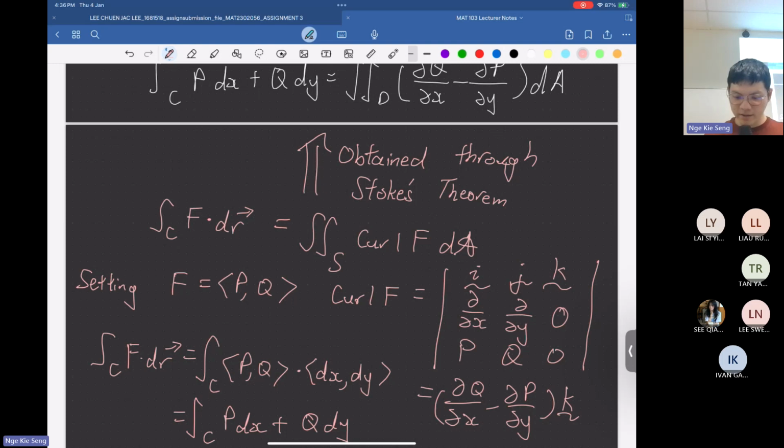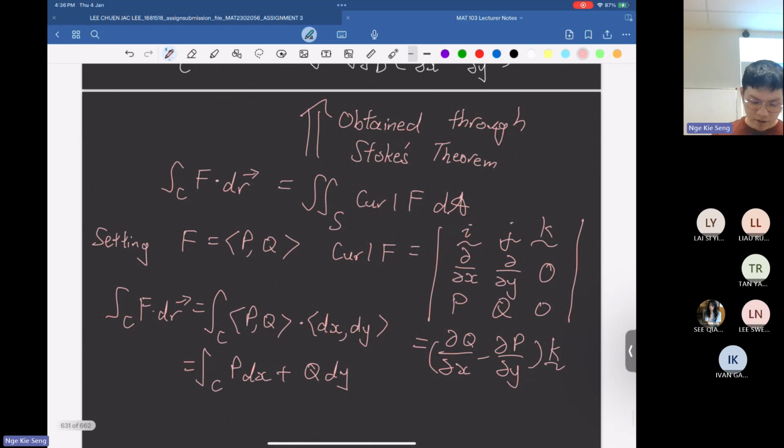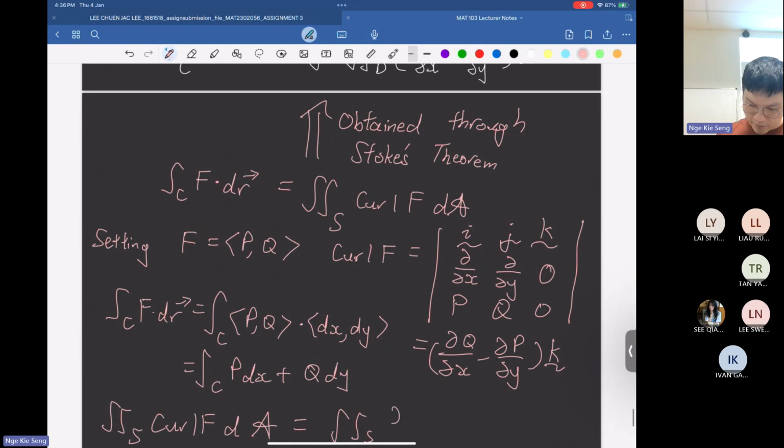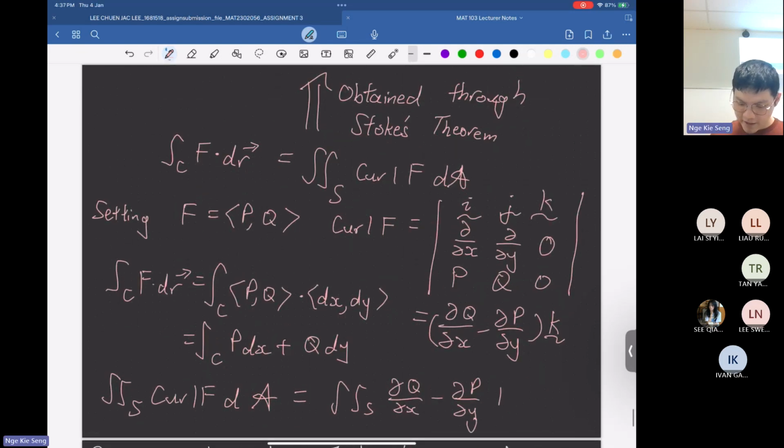In this case, you substitute your curl F into your surface integral of del Q over del x minus del P over del y. You note that there's a k here, right?